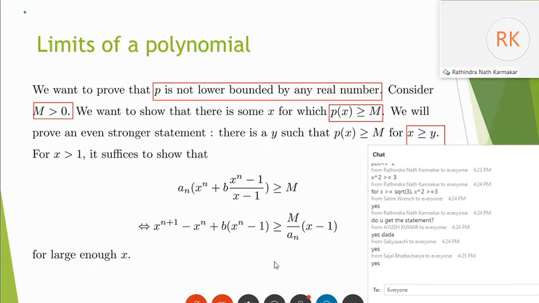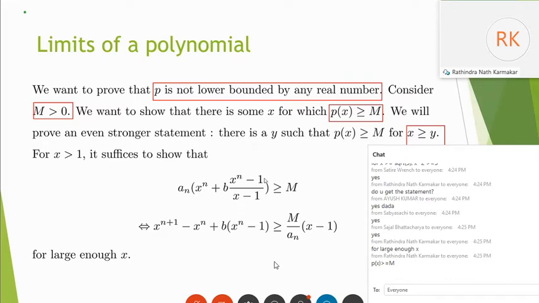There is a y such that p of x is greater than or equal to m for x greater than or equal to y. Often you will find it rephrased in many books as for large enough x, p of x is greater than or equal to m. So this statement means nothing but there is a y such that for x greater than or equal to y, p of x is greater than or equal to m. That's why we use large enough.